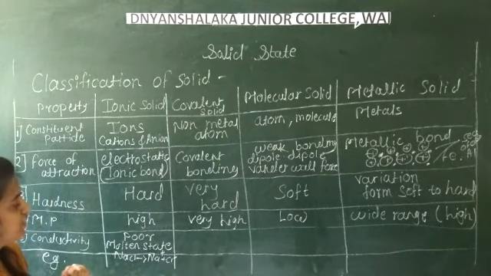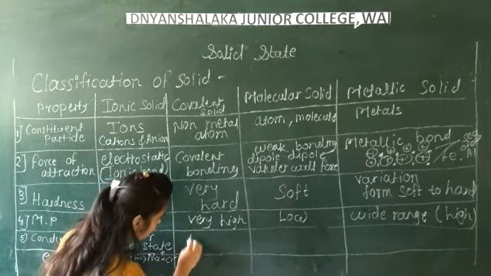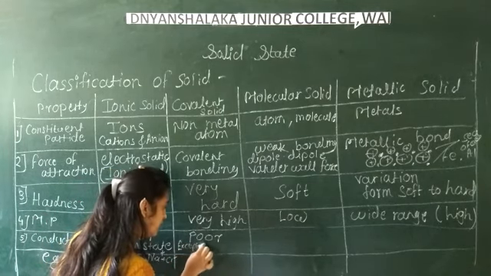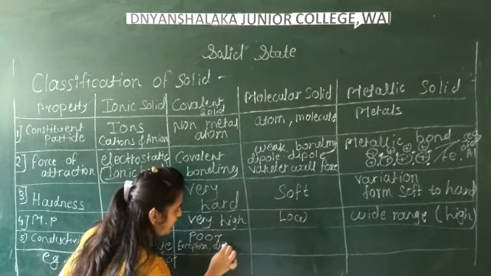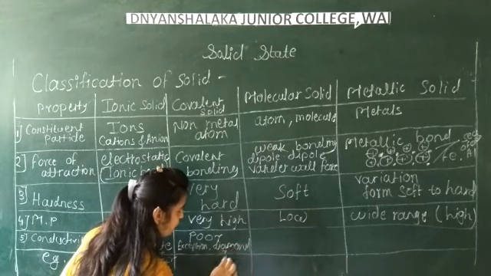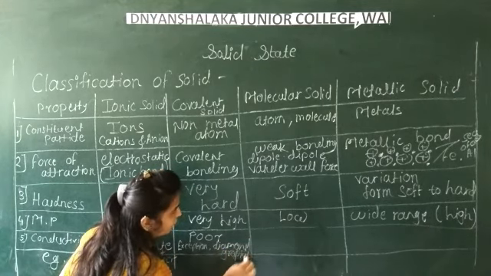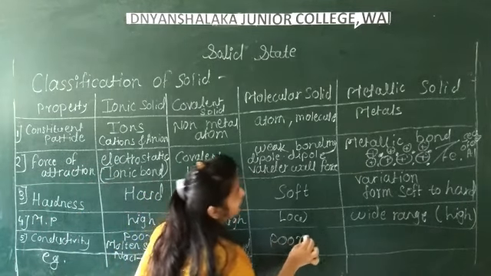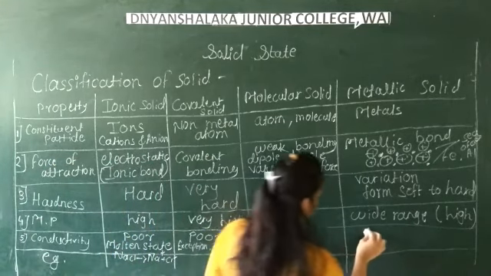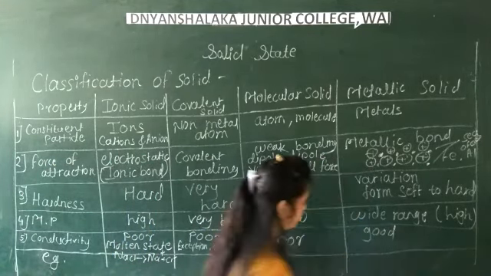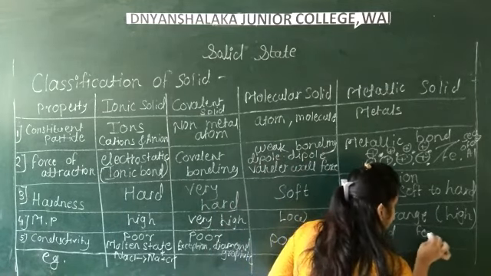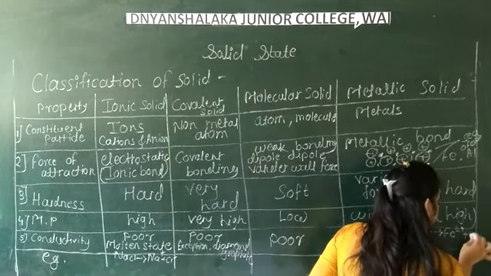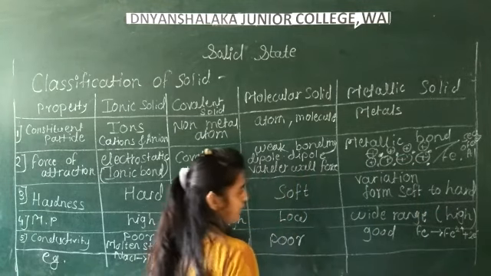Next, conductivity in covalent solids is poor, but the exceptional cases are diamond and graphite. In molecular solids, conductivity is poor, and metallic solids are very good conductors. For example, iron: Fe2+ acquires a 2+ charge, meaning it removes 2 electrons from the isolated atom.